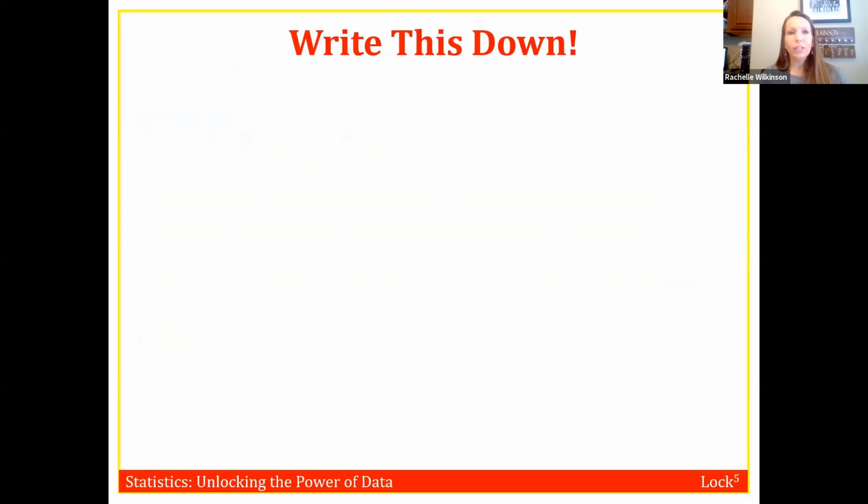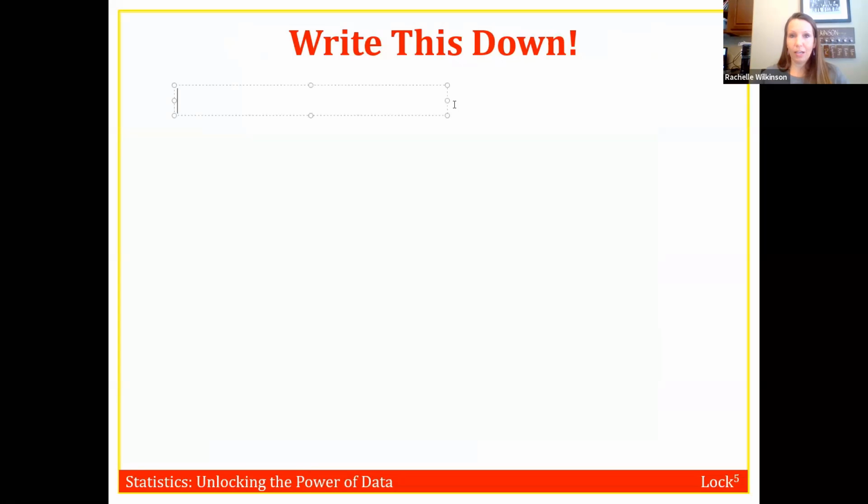All right, so let's talk about some more definitions. When the method that we use to select our sample systematically favors certain outcomes, then we call that sampling bias. So our first term on this slide is sampling bias.